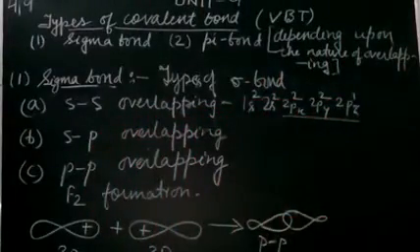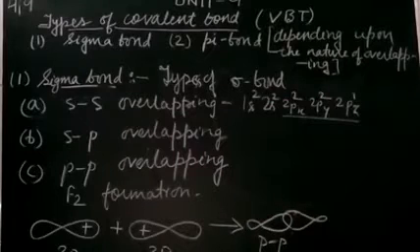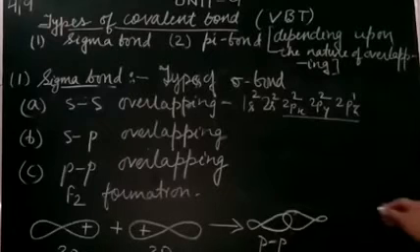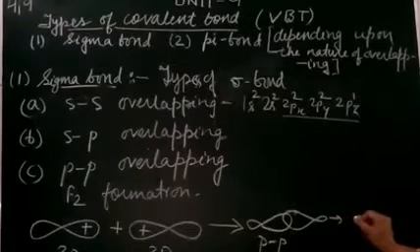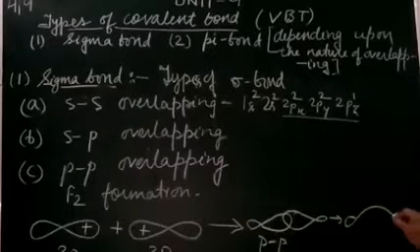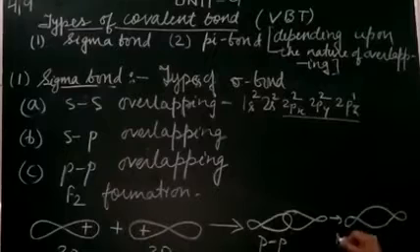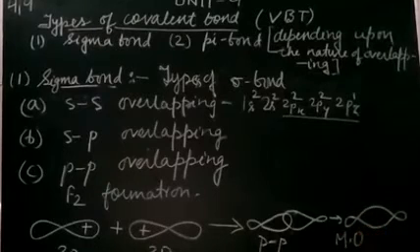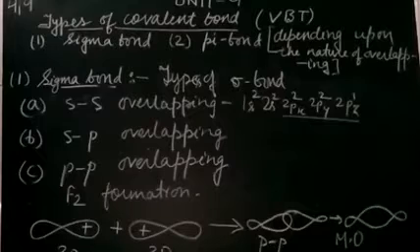The 2p and 2p atomic orbitals are half filled and of the same sign, so they are going to overlap and form the pp overlapping. And the outcome is the molecular orbital which will be formed by the pp overlapping, right students.